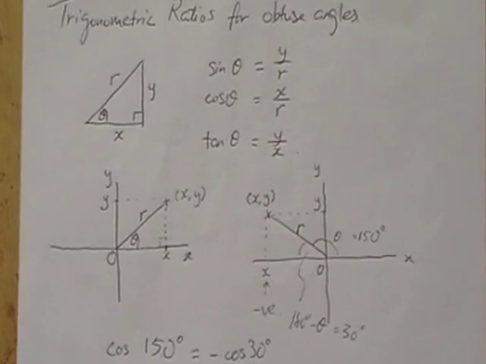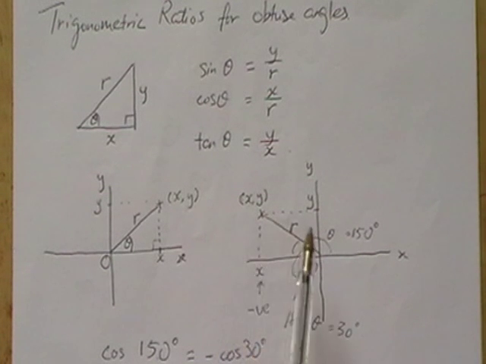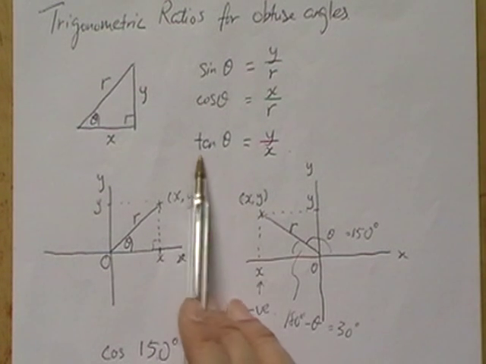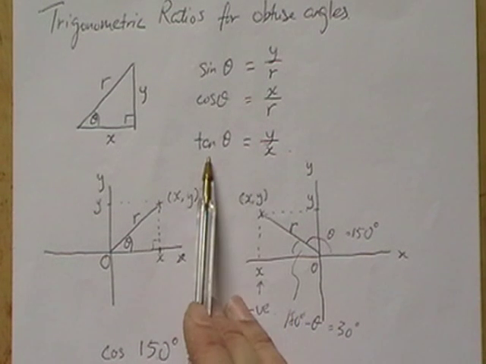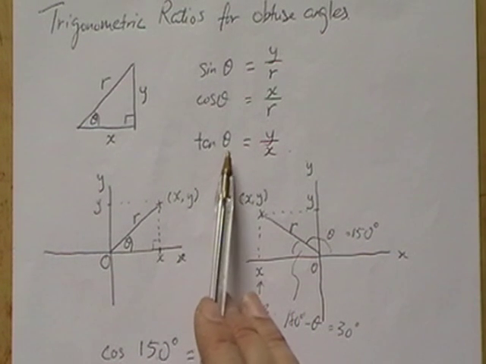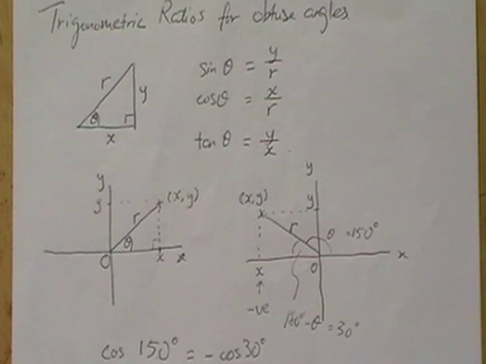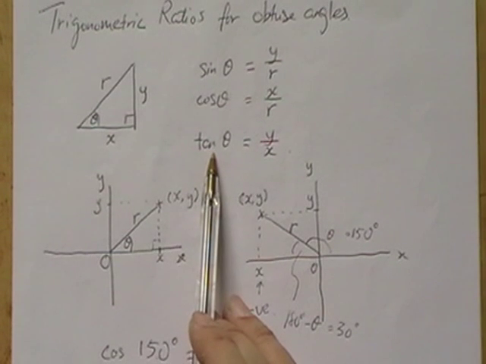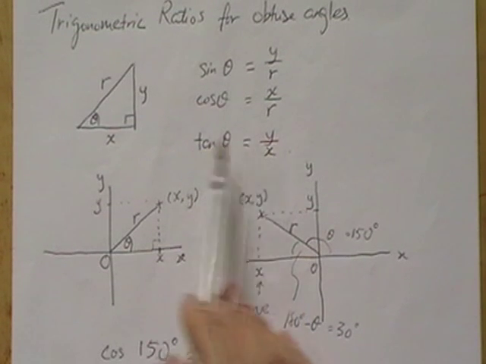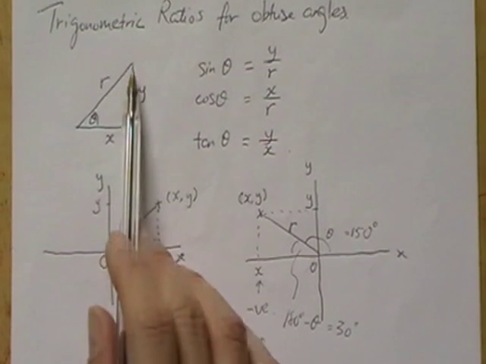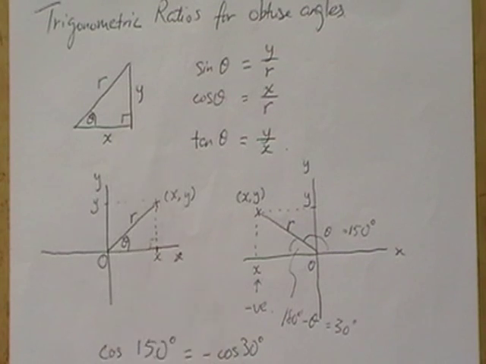Okay. Now let's finish off with obtaining the relation for tangent theta when the angle is obtuse. So we see from here that tangent theta is y over x, right? Vertical over the horizontal sides.